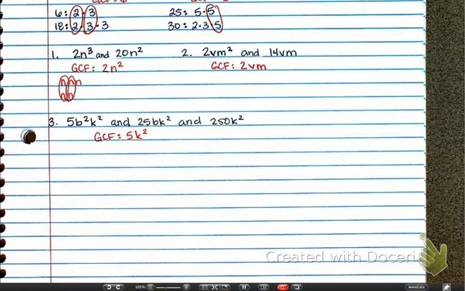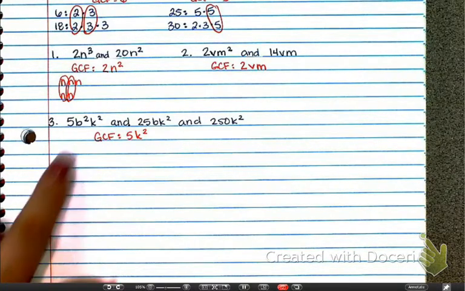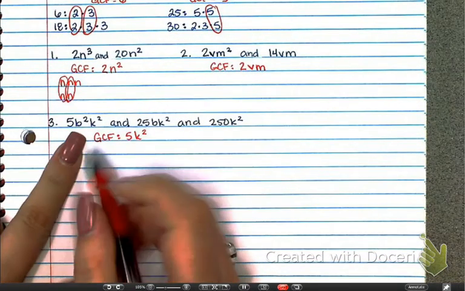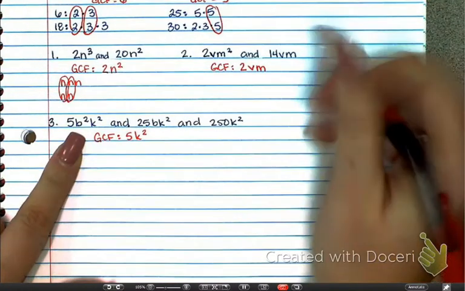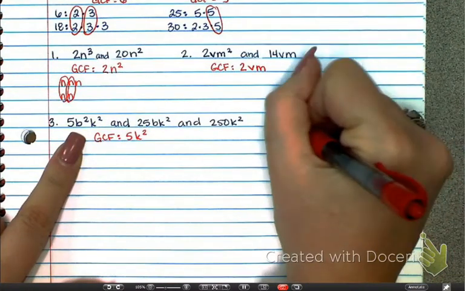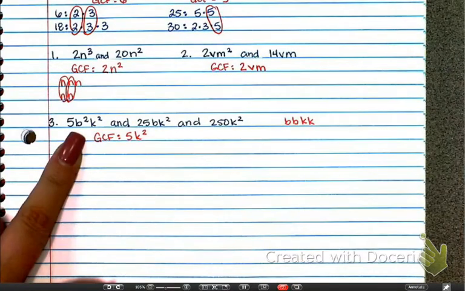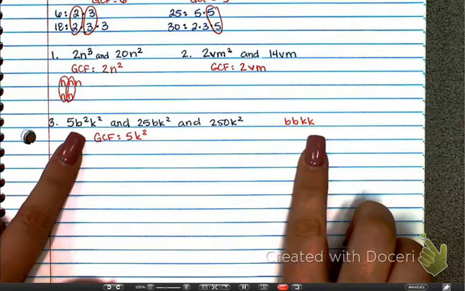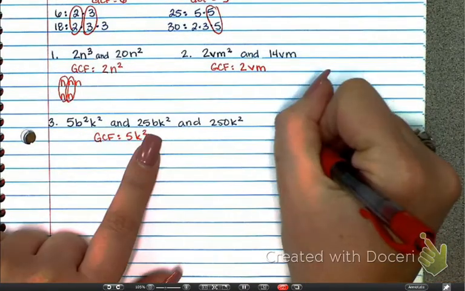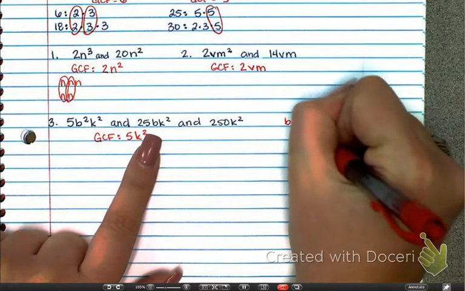Okay, so let's break this down because I think this is where we're getting confused. So b squared, I'm going to write my first term, my second term, and my third term. I want everyone to write this whether you understand it or not. So I have 2 b's and 2 k's. That's my first term. My second term has a b and 2 k's.